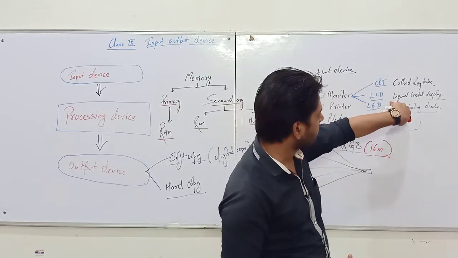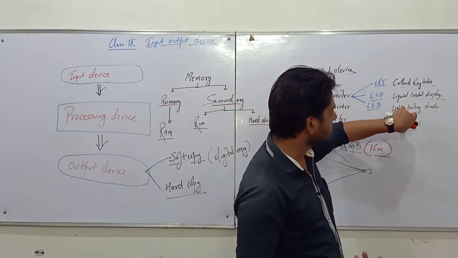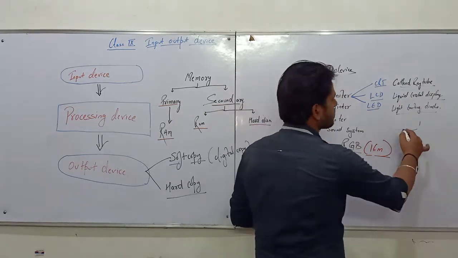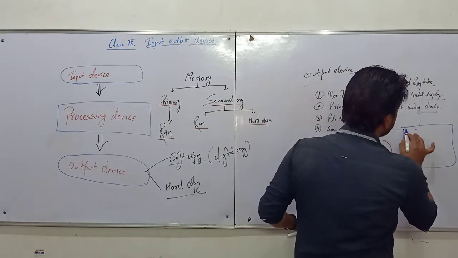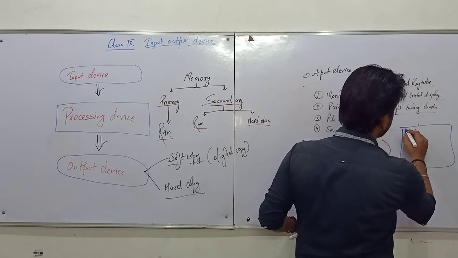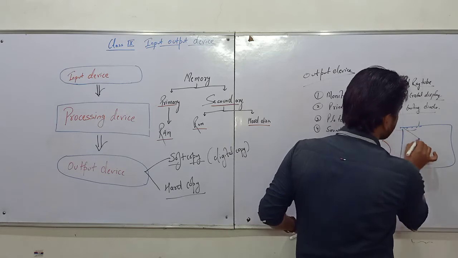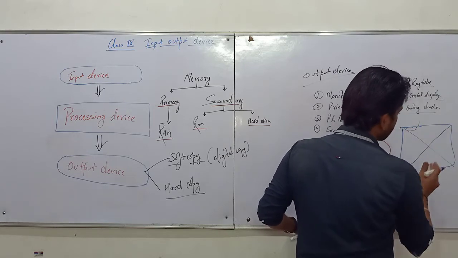Then in the second format, LCD came into existence, that is liquid crystal display. It was following the same process, but instead of small light-like structures inside it, there was a plate filled with a special liquid.